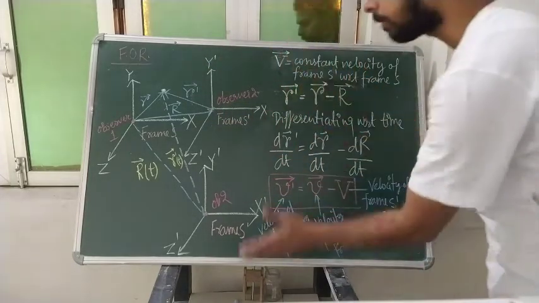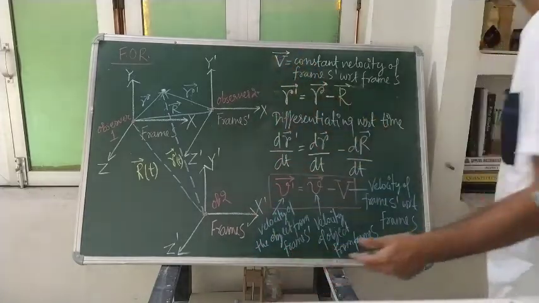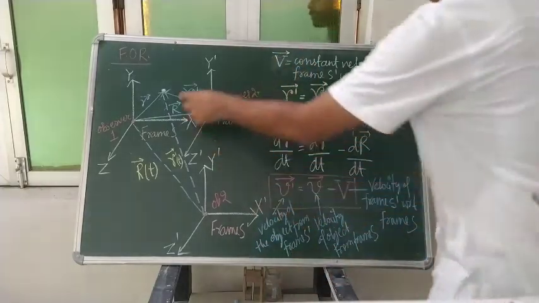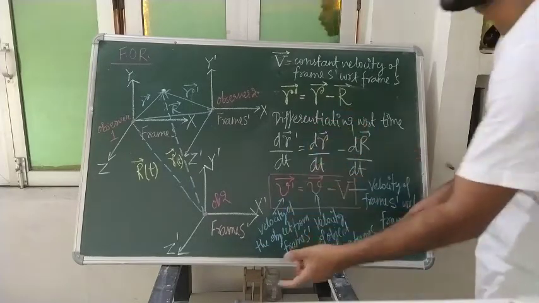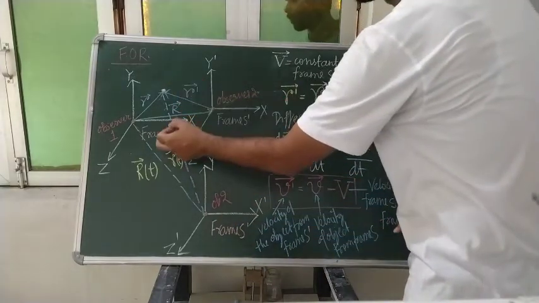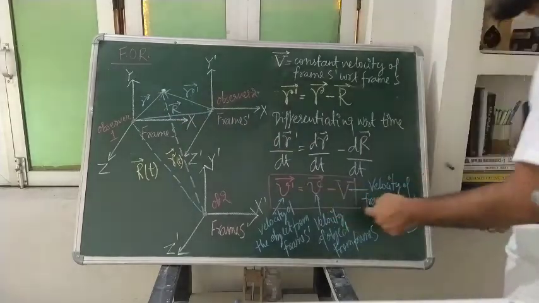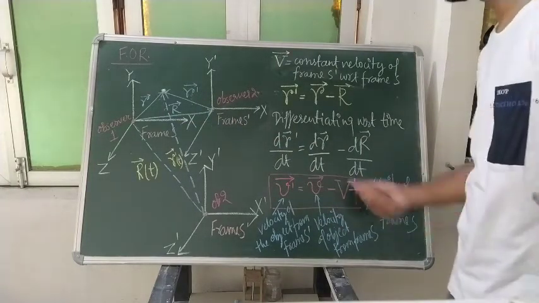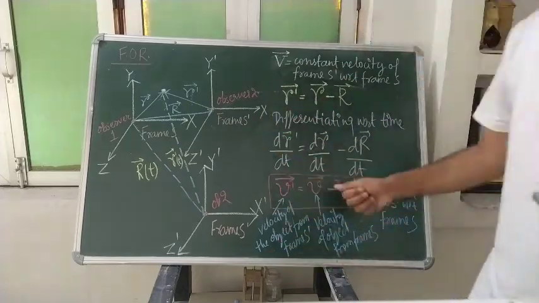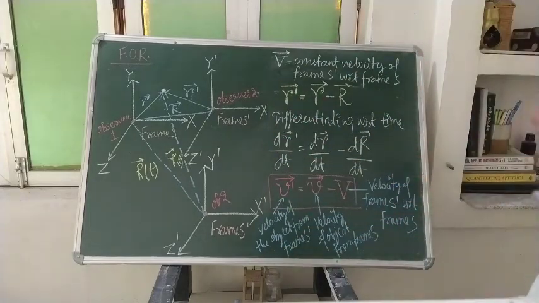So when frame S prime is moving, the velocity of that object from frame S prime equals the velocity of that object from frame S minus the velocity of the frame S prime with which it is moving.